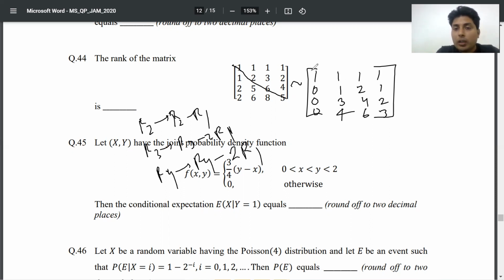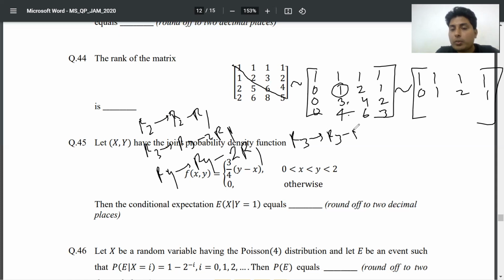Now, with respect to this 1, I can make this 3 and 4 zero. So apply the operation. First row as it is, 1, 1, 1, 1. Second row as it is, 0, 1, 2, 1. Now change the third row: third row minus 3 times second row. Change the fourth row also: fourth row minus 4 times second row.